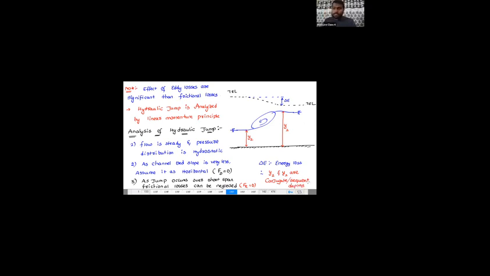Now, let's apply the conditions. Flow is steady and pressure distribution is hydrostatic. That's what I said. You know clearly the meaning of hydrostatic pressure distribution. So this is nothing but the hydrostatic pressure. Yes or no? So what is the value of this hydrostatic pressure? Gamma W into Y1.